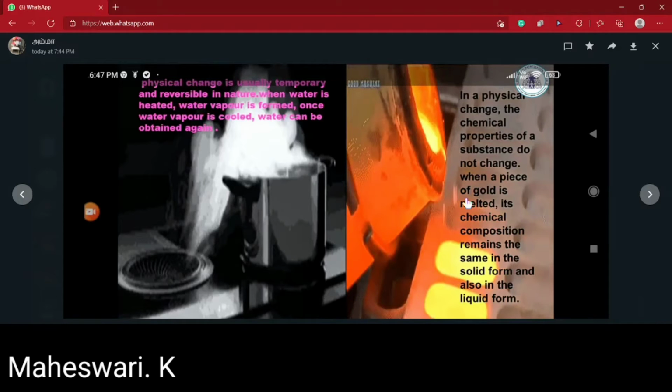Physical change can now be defined. The physical change is usually temporary and reversible in nature. When water is heated, water vapor is formed. Once water vapor is cooled, water can be obtained again.